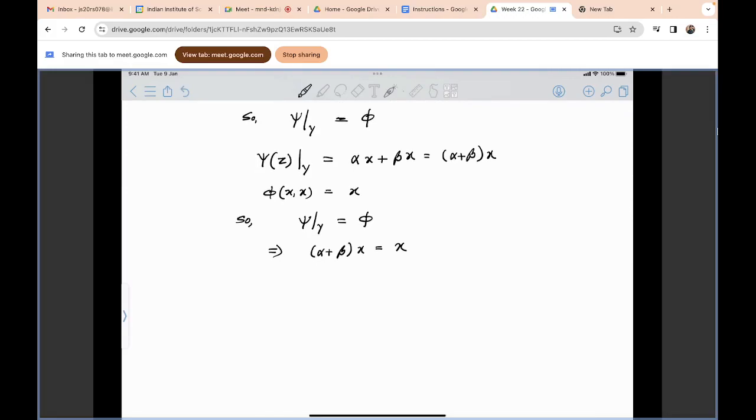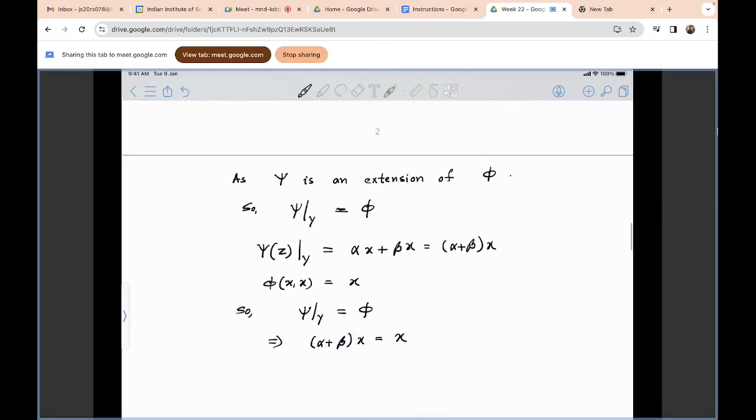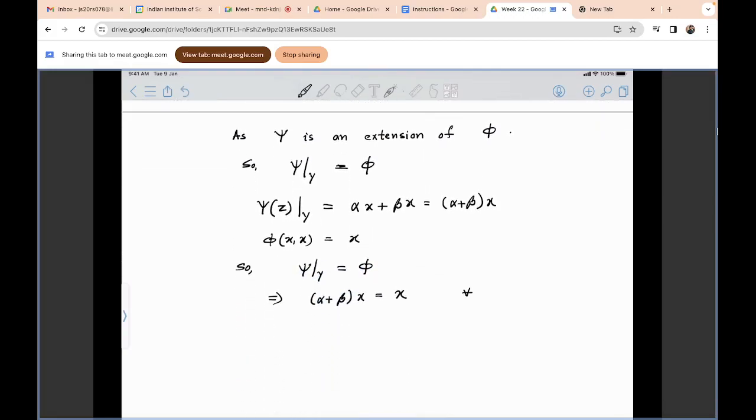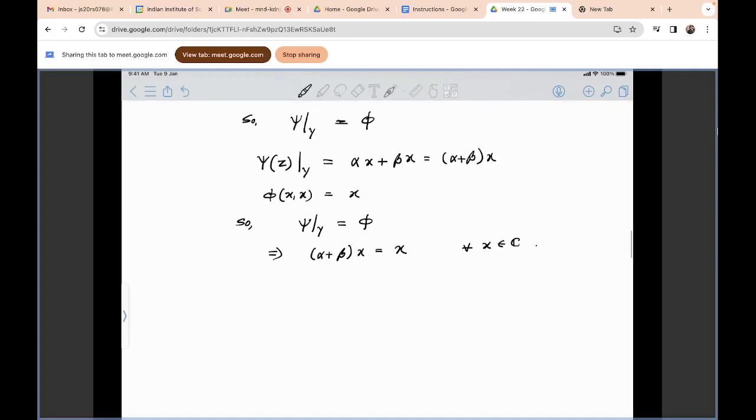So for x non-zero, alpha plus beta should be 1, because this should happen for all x. So alpha plus beta equals 1. Let me call it (1). So we get one condition.